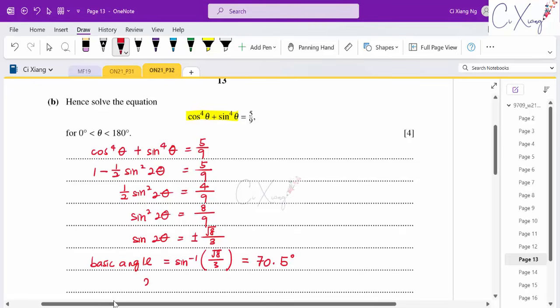Then now I want to get all the possible answers for 2 theta. Since they are interested in our final answer, theta, being between 0 and 180, when I want to get the answer for 2 theta, I should go through 4 quadrants from 0 until 360. Only then do I simplify my answer into theta later.